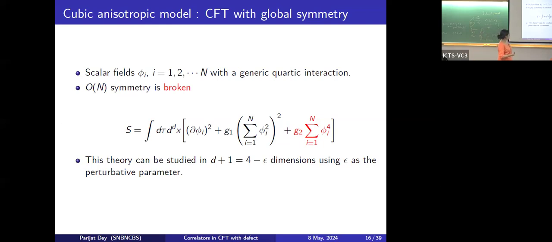So here is a Lagrangian in d+1 space-time dimensions. This is the kinetic term, and here we have this term phi I square whole square. This is like a phi to the 4 interaction term with the interaction coupling being G1. So these two terms describe the O(N) symmetric Lagrangian.